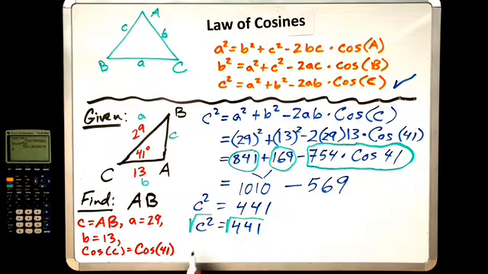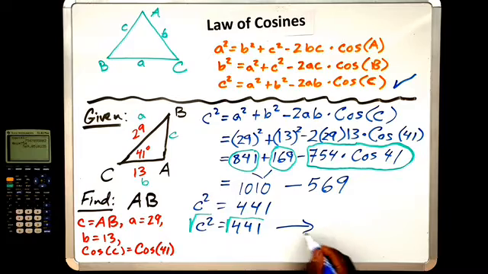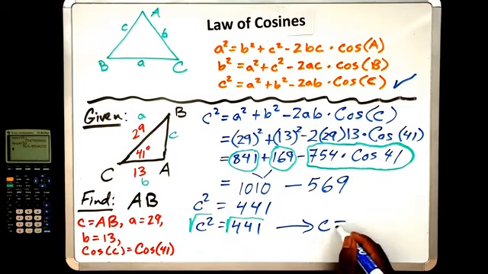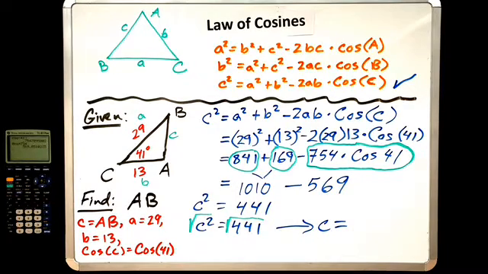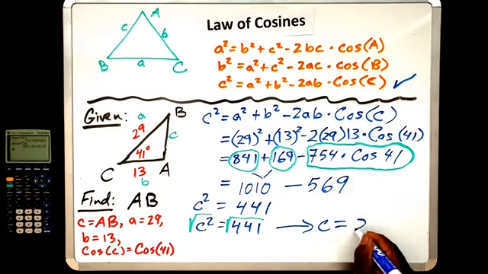And then that undoes that in c squared. And then what you get, I'm going to draw an arrow. You get c equals, the square root of 441 is 21, right?